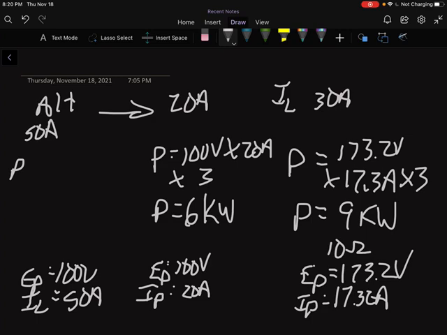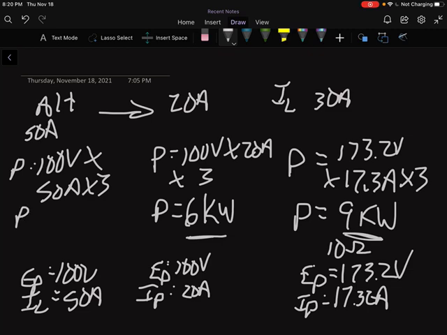But we will just calculate that out first. So 15, I got that from the 6 and the 9 added together. So if we look at 100 volts times 50 amps times 3, and if you pounded that all out, you would get an answer of 15 kilowatts.